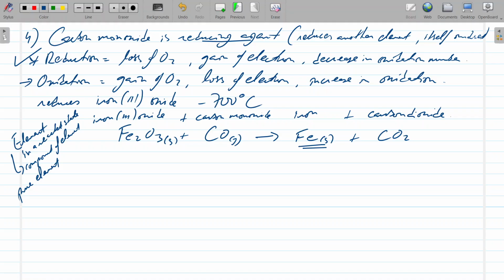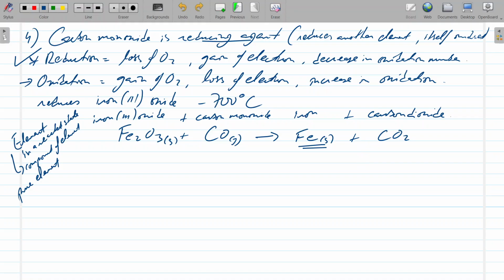We need to add one more oxygen to the product side. So I'm putting 2 here. That makes the oxygen 4, so that's fine. But it's making the carbon 2. So we're gonna put 2 for carbon on the reactant side as well. But that's going to make the oxygen 5. Remove the 2.